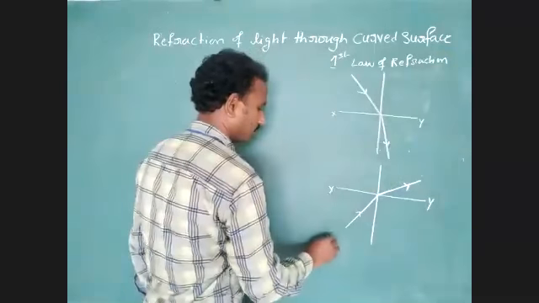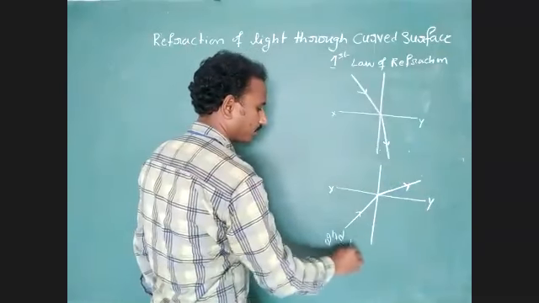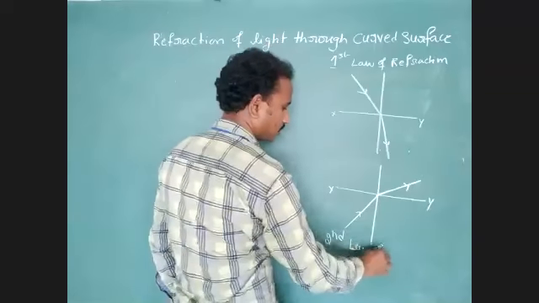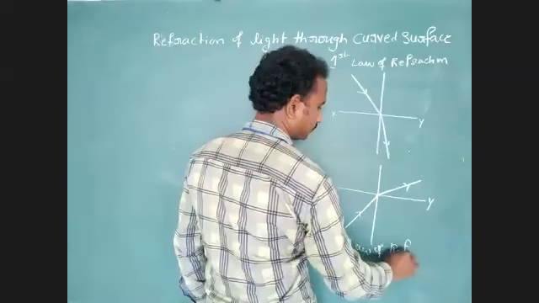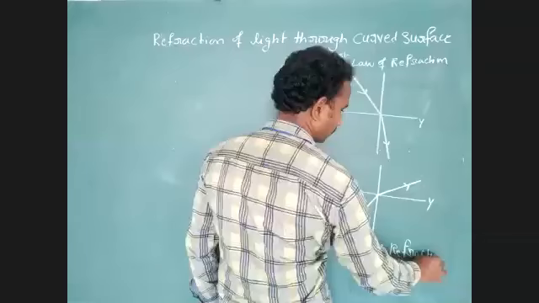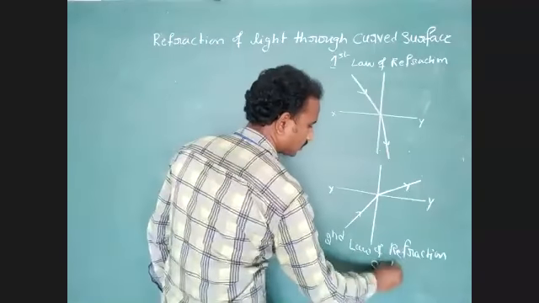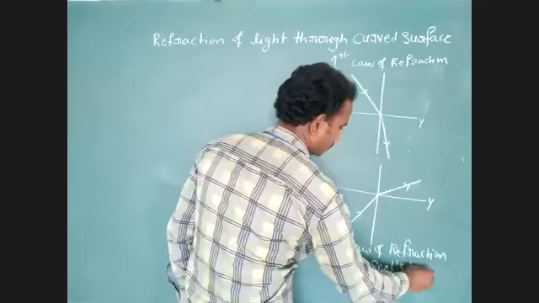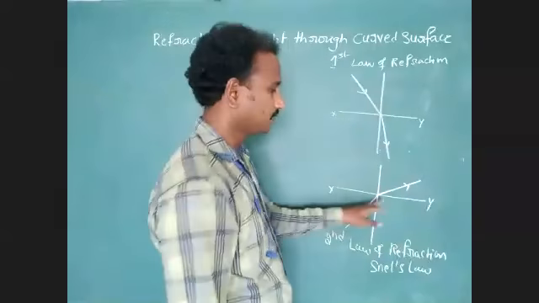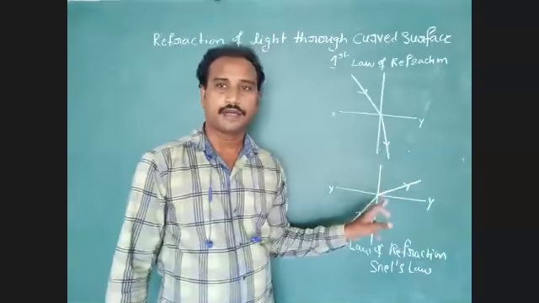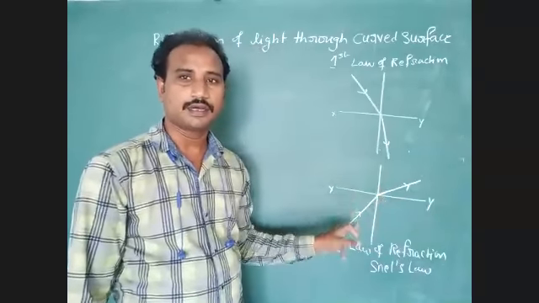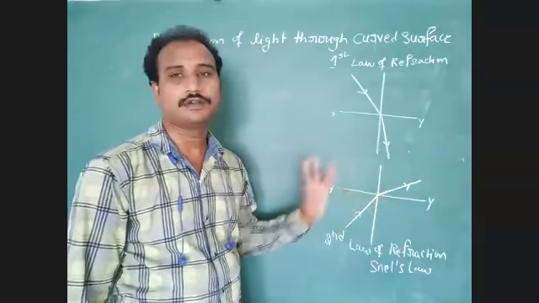Second law of refraction can explain Snell's law. Snell's law means the incident ray, refracted ray, and normal are considered at a point on the refracting surface.